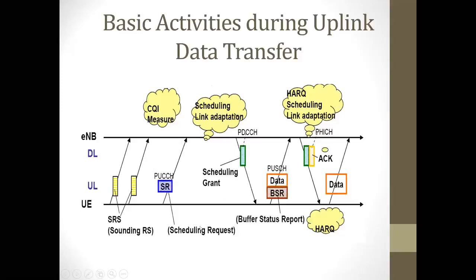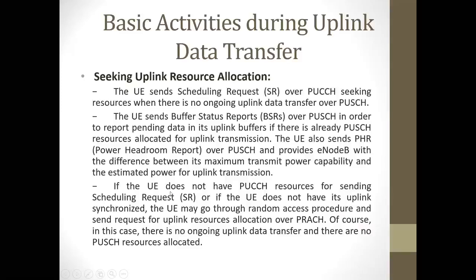So initially you need to use PUCCH to send a request for uplink resources. That is called scheduling request, SR. So use PUCCH to send a request that I need to transmit, seeking resources when there is no ongoing uplink data.